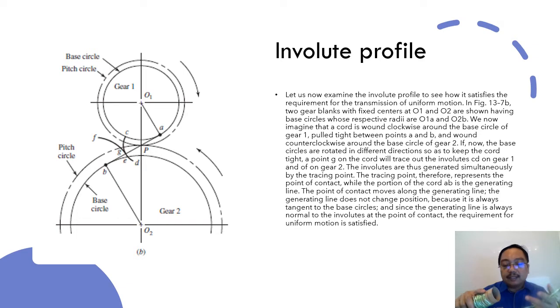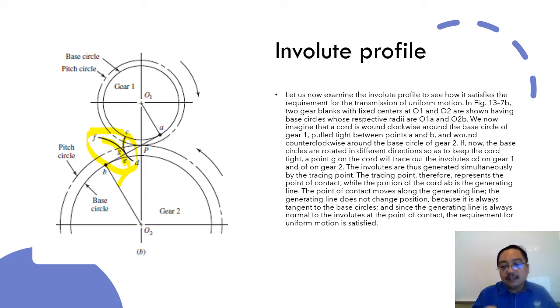You have to imagine these two gears. The involute profile movement is at this point, and at this point. You see this curve here and this curve here. In actual gear movement, the gear does not move like a triangle all the way like that. No, it does not move like that.